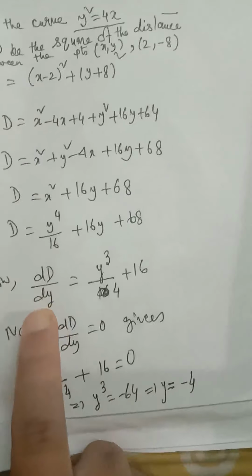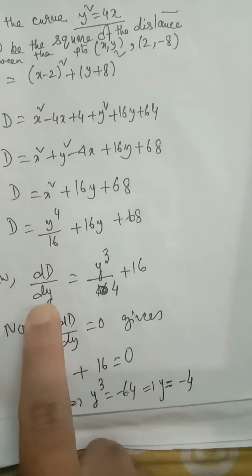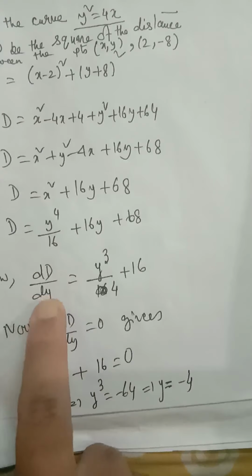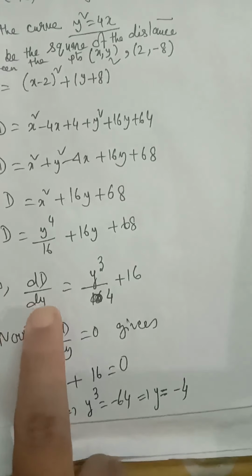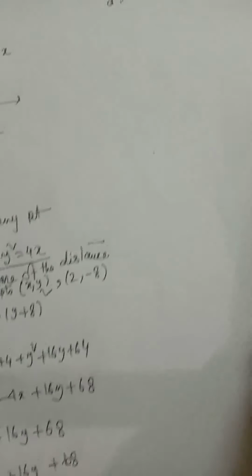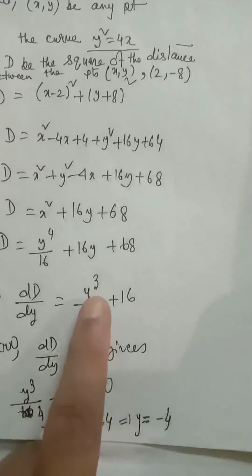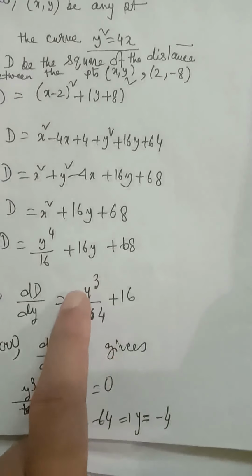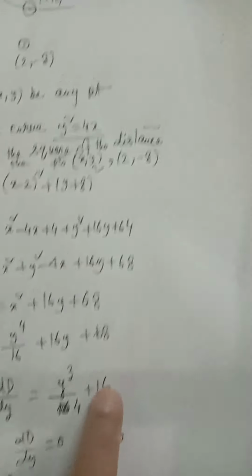Next we have to find d2d dy square. We have to find the minimum value of d, so for that we have to differentiate again. d2d dy square equal to 3y square by 4. You can check, the derivative of this is 3y square by 4 and the derivative of this is 0.